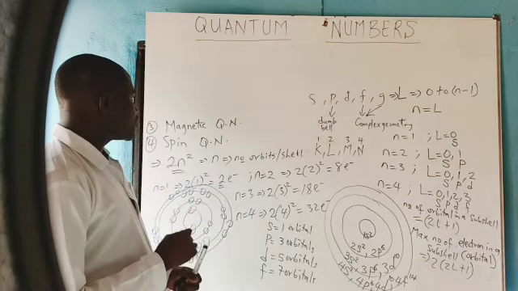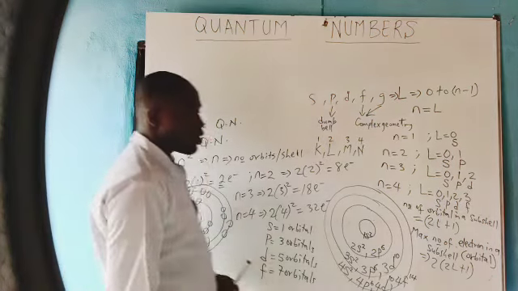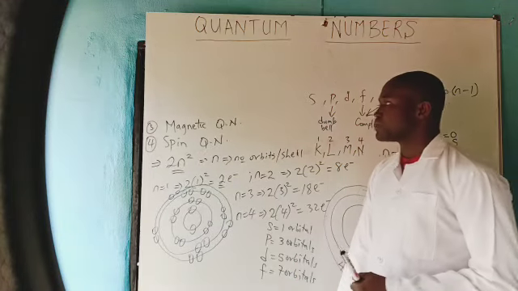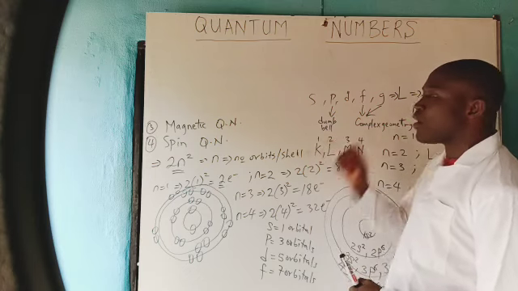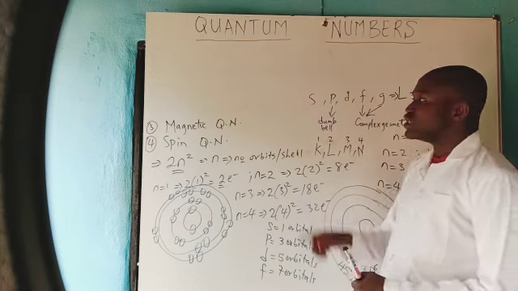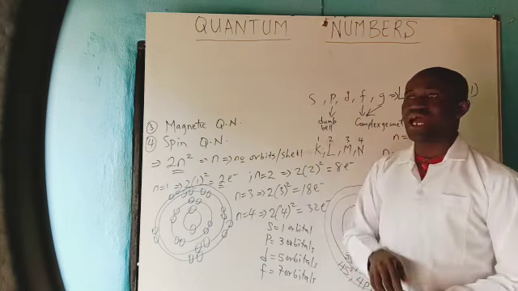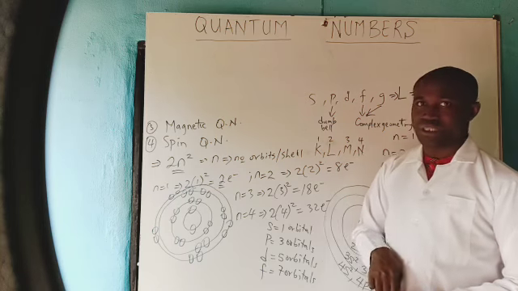Okay, let's also see what the magnetic quantum number talks about. The magnetic quantum number is talking about the total number of orbitals in a subshell and the orientation of these orbitals.